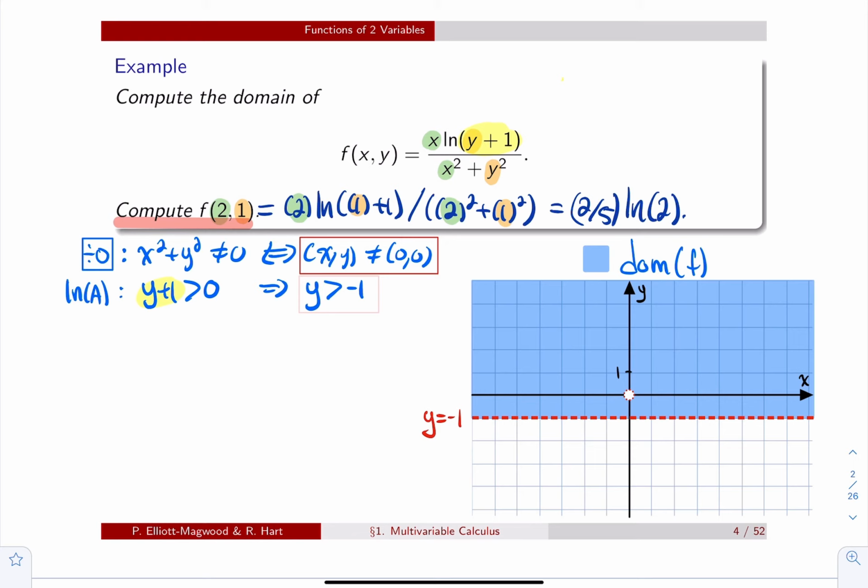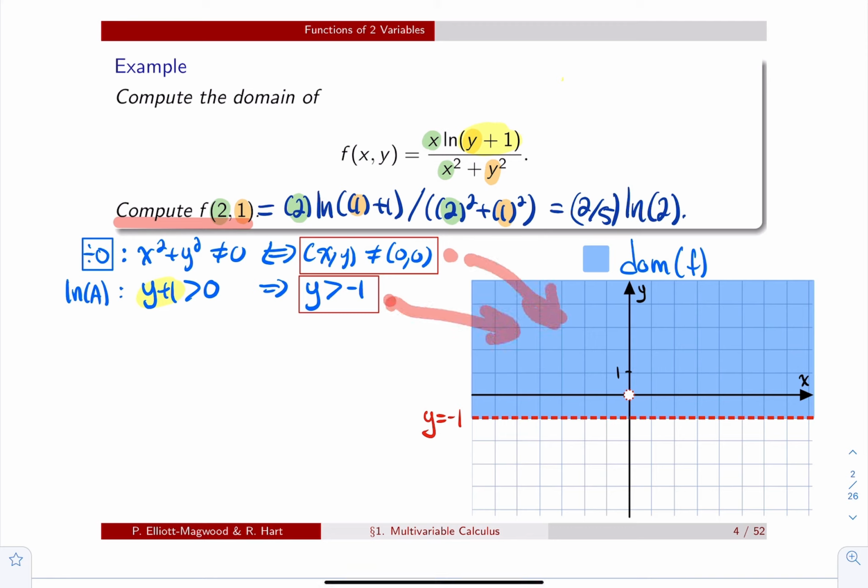The best way to represent a domain for a function of two variables is by coloring the region where the function is defined. So here, strictly above y equals minus 1, but you need to remove the origin, and that's your beautiful domain. Again, my two restrictions combined are how I get my little blue zone.